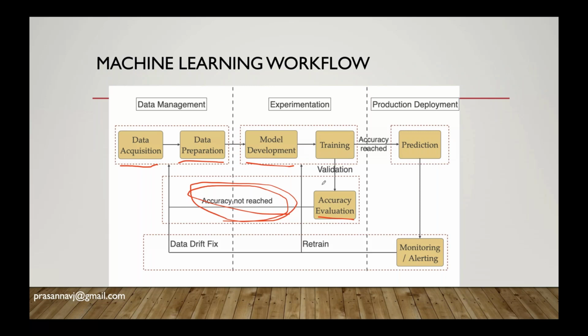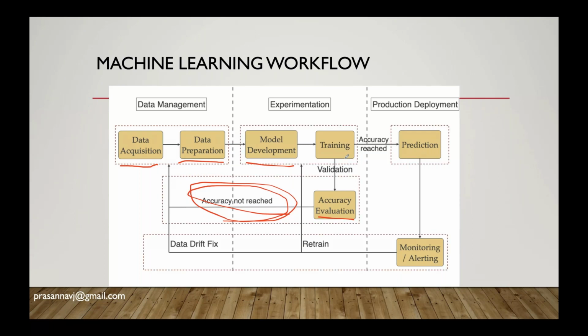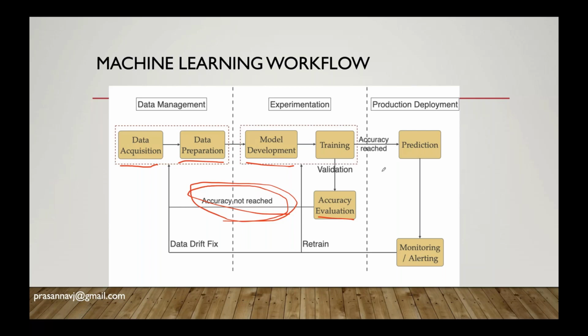And once you come to a final conclusion that this is my baseline model, that I believe is good enough to actually take live, you go ahead and deploy this particular model to production. And once you put that model to production, you use that model for your predictions and so on and so forth.